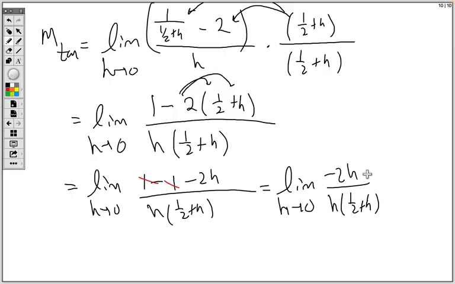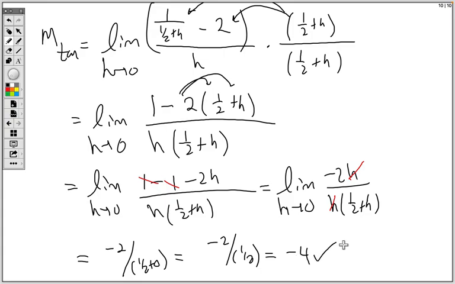And now we see that this factor of h causing a 0 in the denominator will cancel out. So now we're all set to substitute in h equals 0. We get a minus 2 over 1/2 plus 0. So minus 2 divided by 1/2, sure enough, that's negative 4. So once again, it doesn't matter what limit process you use, you should get the same slope both times. So that'll do it for example 2.